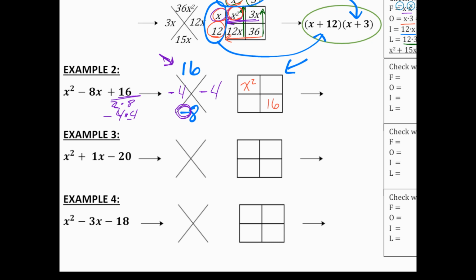And then in those two other boxes, we're going to do -4x and -4x. What did I tell you are the only two things that multiply to give you x squared? X times x. So I know what those have to be, right? They're the only two things that can multiply together to give me x squared in that box. In this box, right?